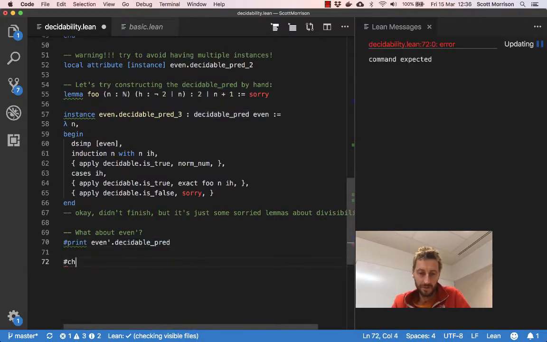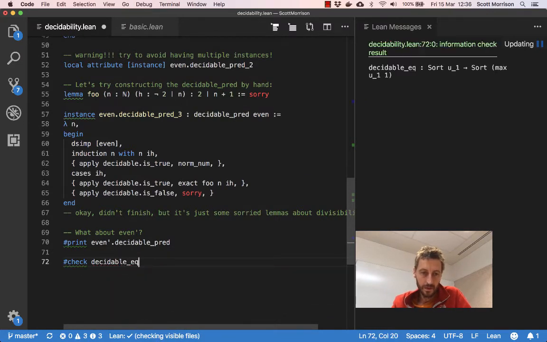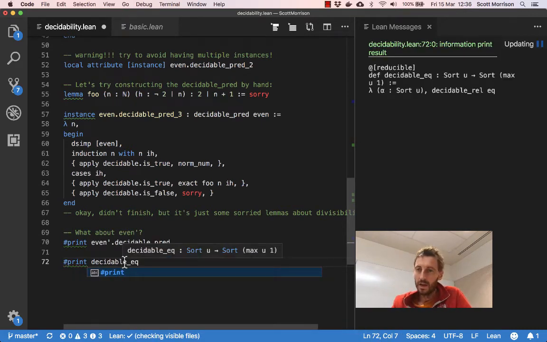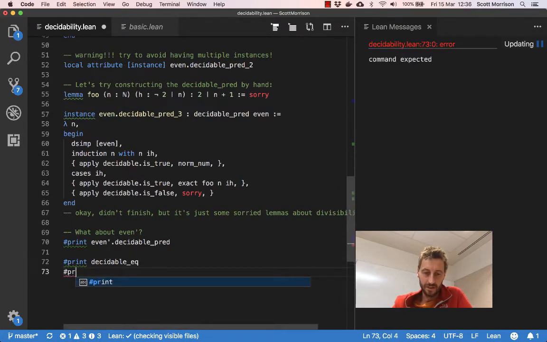So first of all, we should just ask what is DecidableEq. Maybe I should print it. DecidableEq is just that the relationship of equality is decidable, and let's just print DecidableRel.